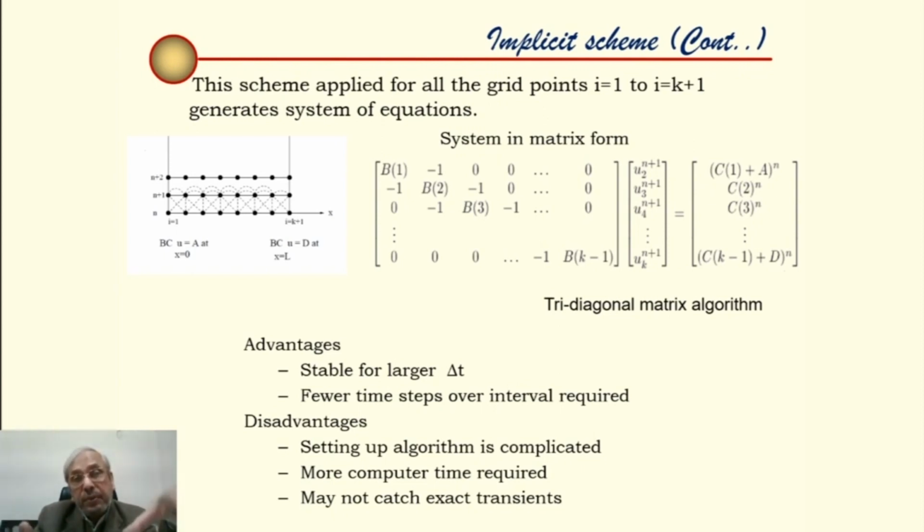From that system of equations, we can form the coefficient matrix into the unknown vector equal to the known vector. In this matrix equation format, specifically here we get a tridiagonal matrix, which can be very easily solved by using the Thomas algorithm.